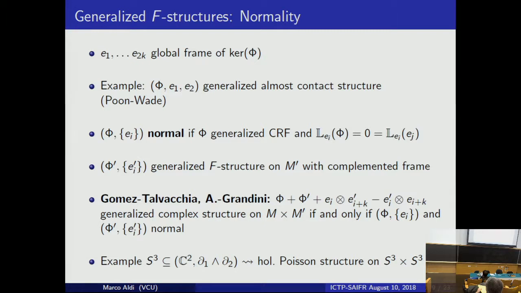And then the result is that this is a generalized complex structure if and only if the two data on the two sides were normal, that is, they satisfied this condition.